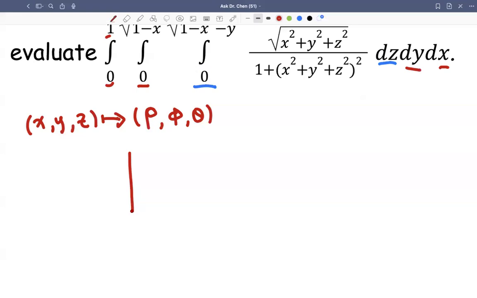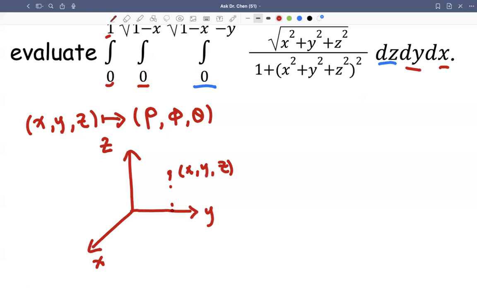So we have 3-dimensional coordinates. Let's call this x, let's call this y, let's call this z. Then we have a point somewhere. We have an x value, y value, and z value, right? So this is in Cartesian coordinates.